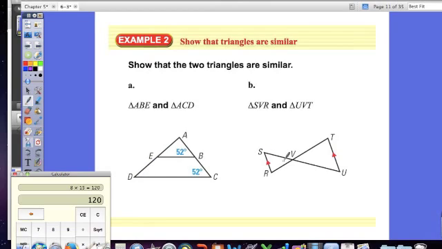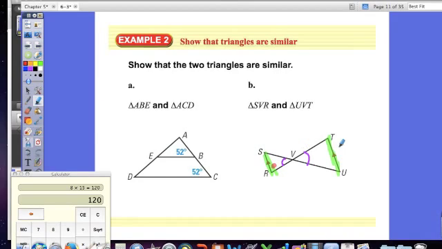This angle is going to be congruent to this angle through the vertical angles congruence theorem. These symbols here tell me that these lines are parallel. So RT is a transversal that cuts two parallel lines.